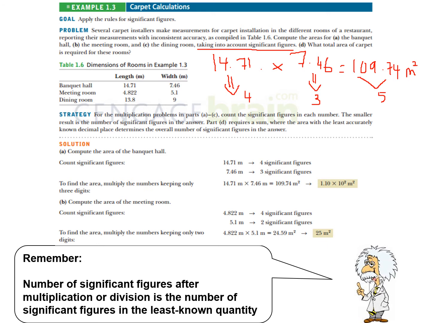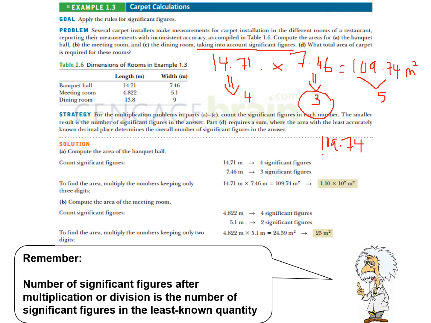This means that if the question involves mathematical operations which are multiplications or divisions, we should write down the answer in terms of the least significant figures. 4 and 3, we compare 4 and 3, now we get 3. 3 is the least one, therefore we should convert 109.74 from 5 significant figures to 3 significant figures.